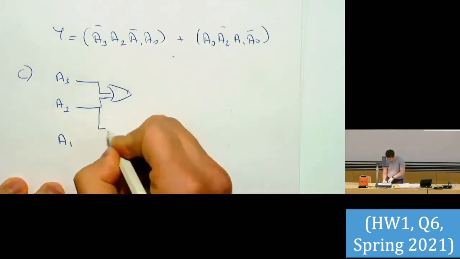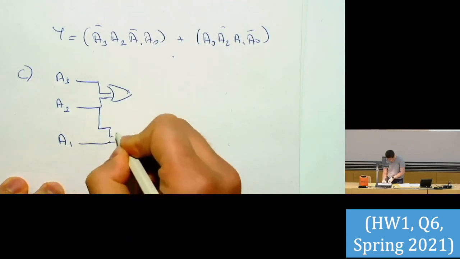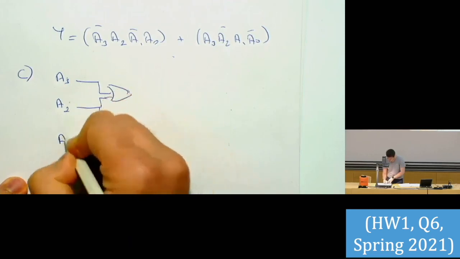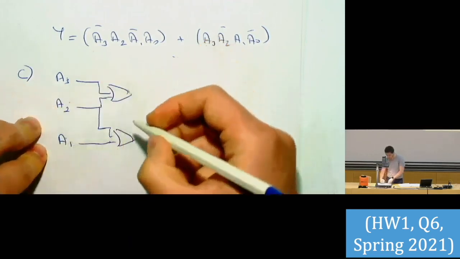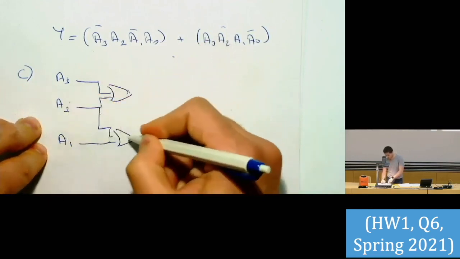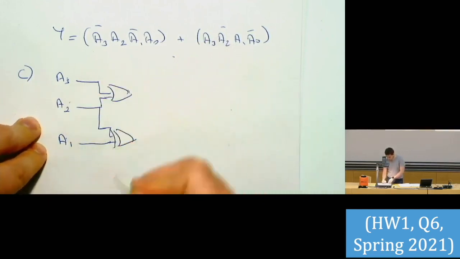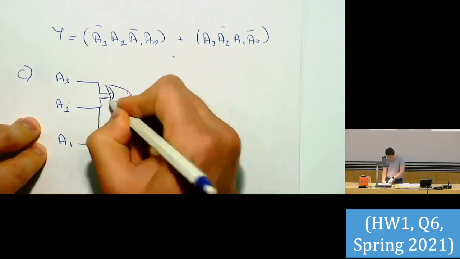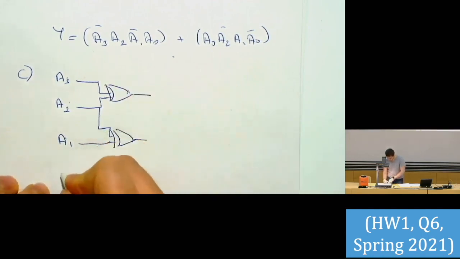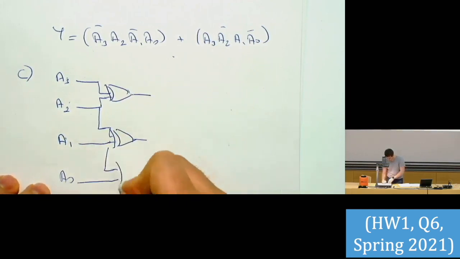For this one, this says that when A2 and A1 are not equal to each other, then the XOR will give us 1 again. So this is XOR. And for A0, probably you see where I am going.